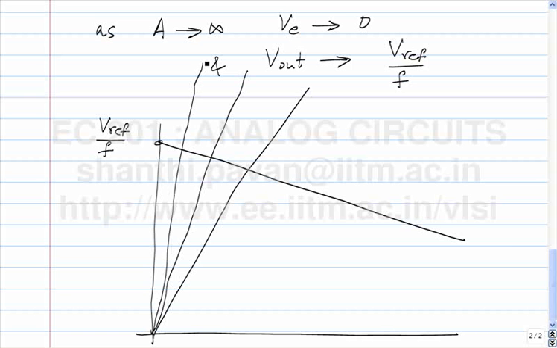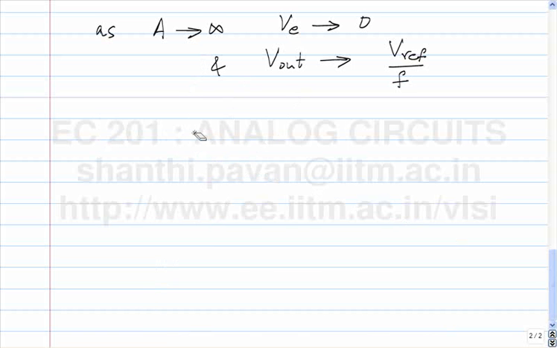You have to imagine that the slopes are now all tending to infinity, but one is still many times the other. And you can see that as the gain of the forward amplifier keeps increasing, the absolute value of the gain doesn't really matter. The output will be very, very close to Vref by F. You can see that in the math also.